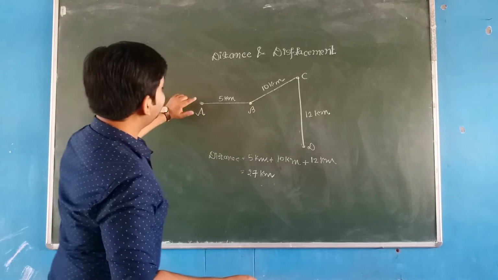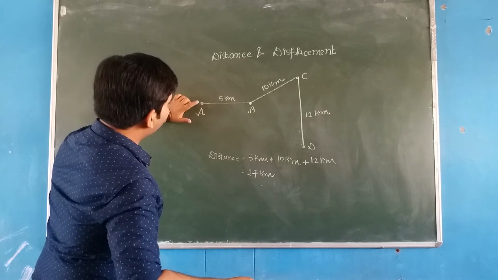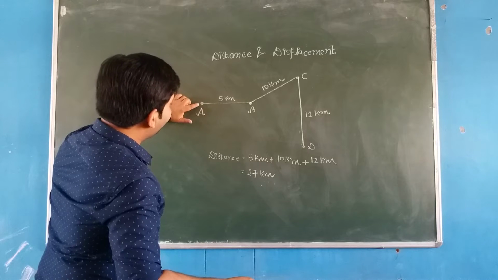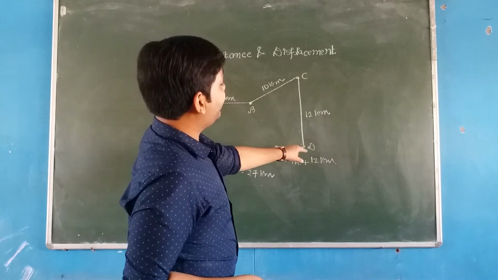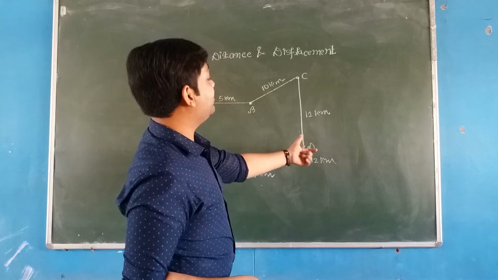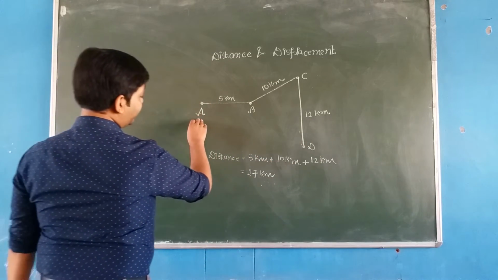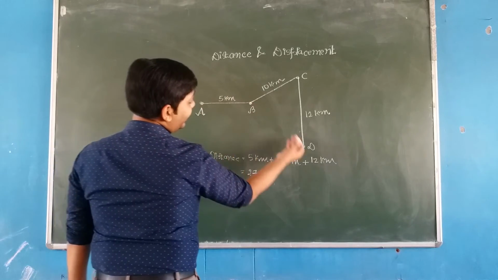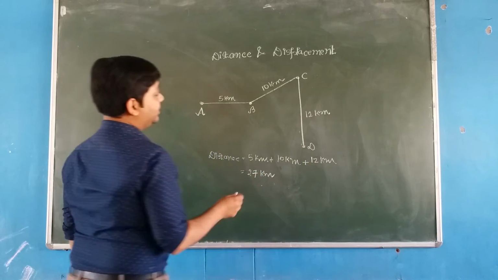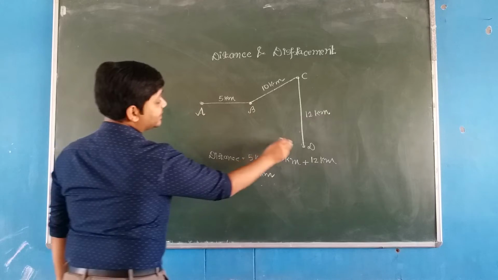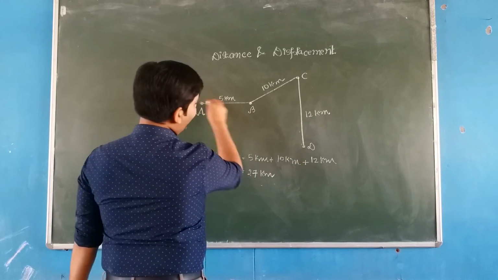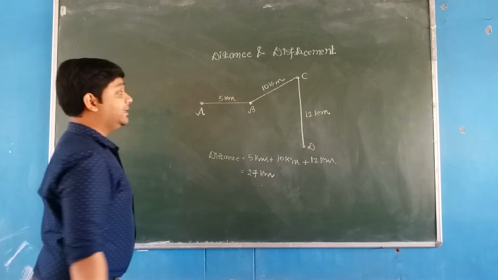Initially the man was present in city A, and in the final state the man is present at point D. So this is the initial point of his journey, and this is the final point of his journey. The shortest distance between the initial and the final point is called the displacement.